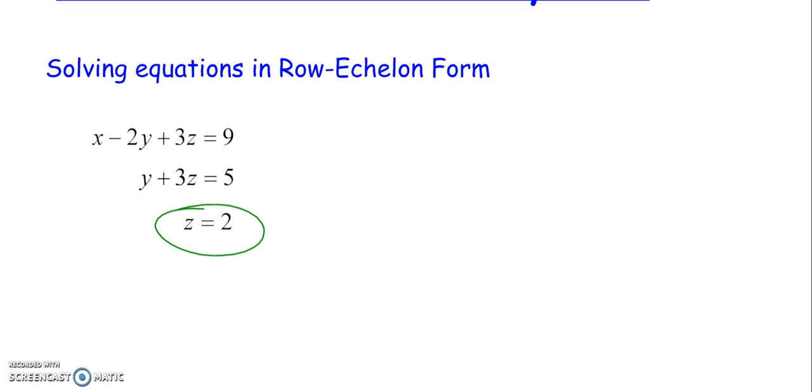Because we know this, we can substitute z equal to 2 into the equation right above it, and it would read y plus 3 times 2 equals 5.